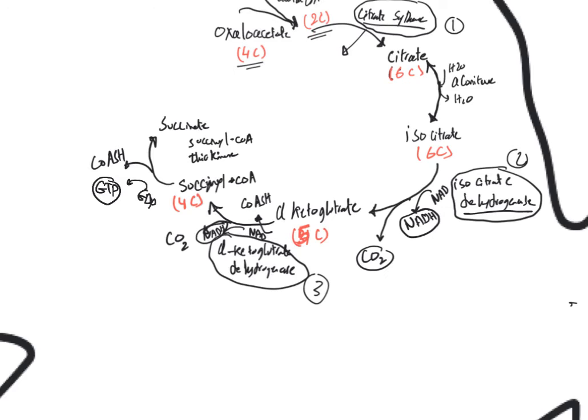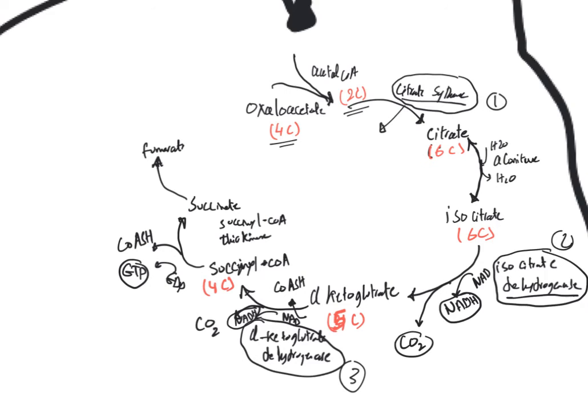Now we have succinate. We're going to convert that into fumarate using the enzyme succinate dehydrogenase. This step is unique because it uses FAD.